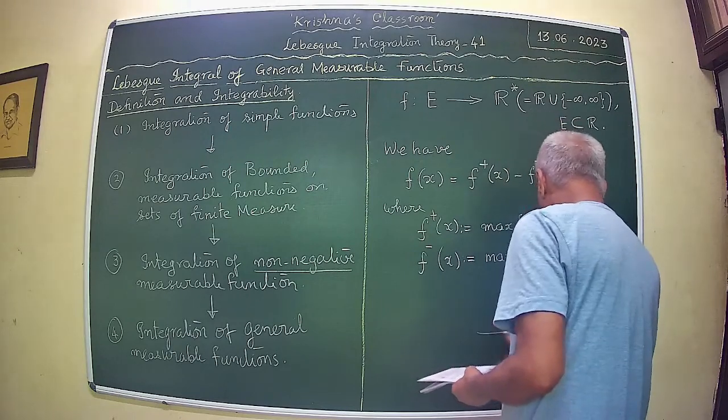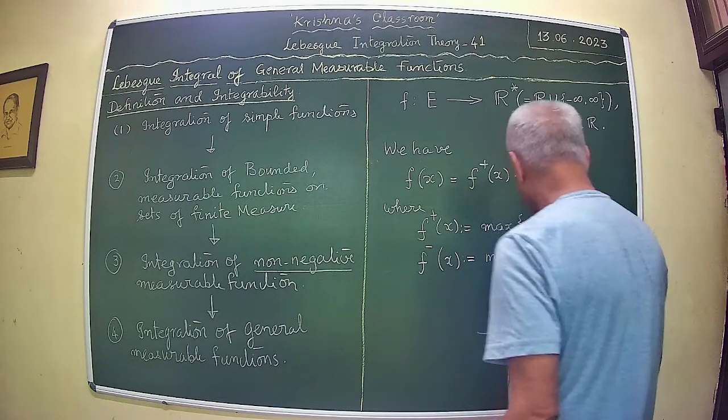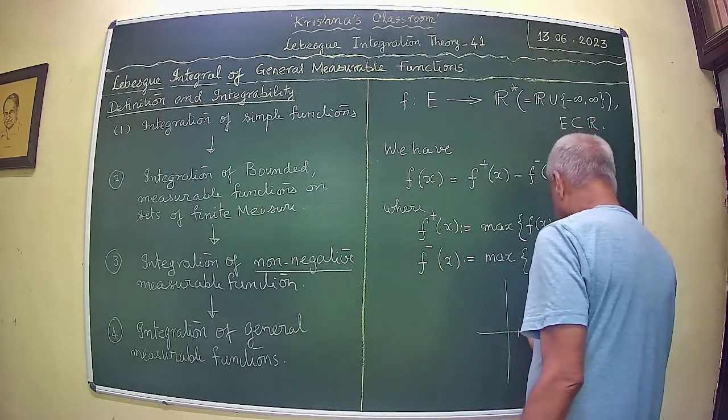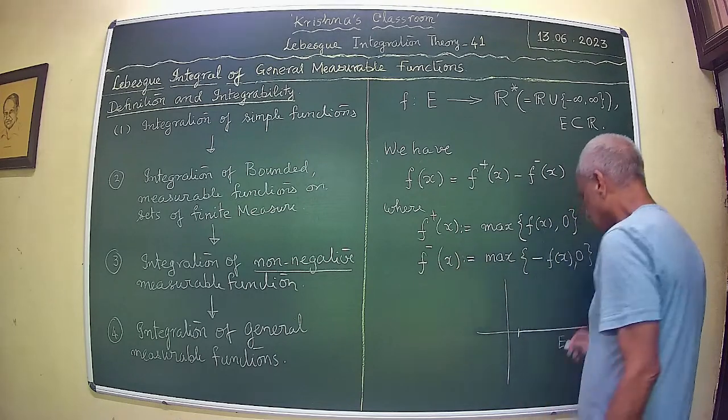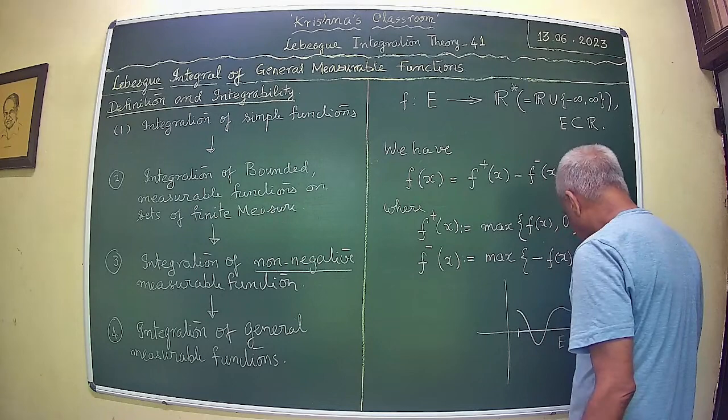Now if you want, you can look at the graph again. I have done it several times. Suppose, as an example, this is the interval on which the function f has a graph something like this.